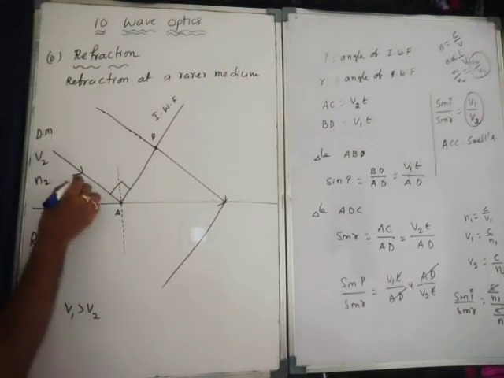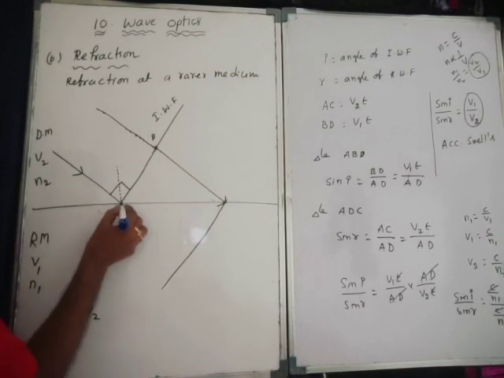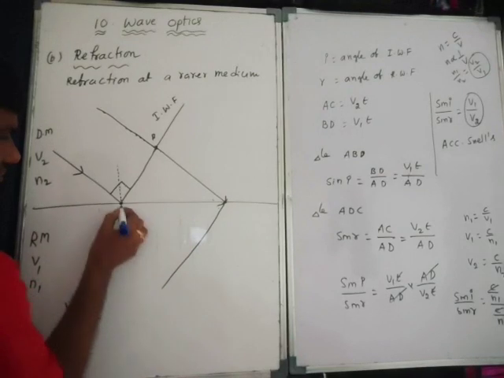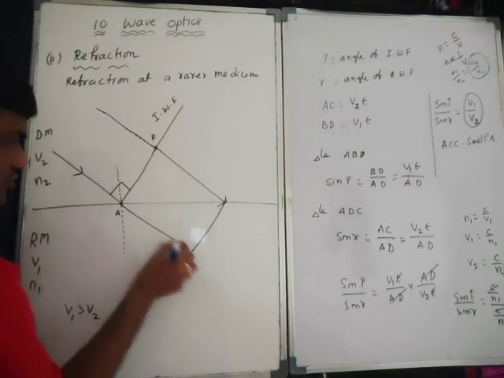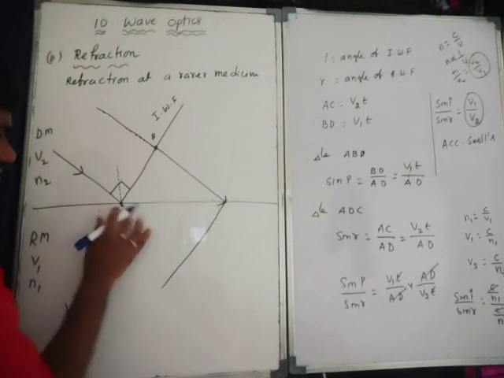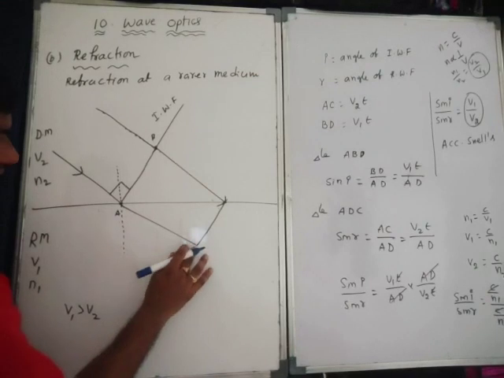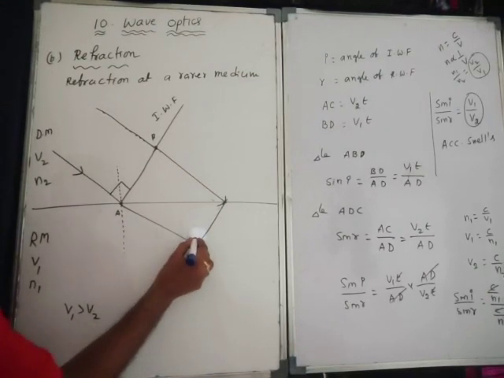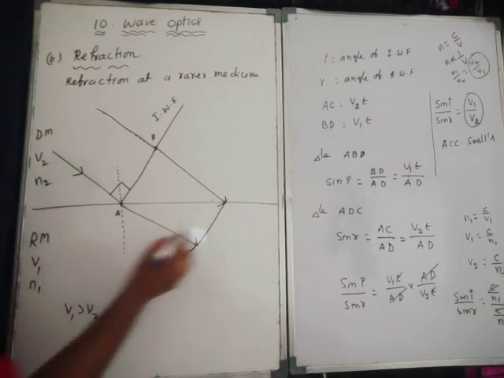Okay. So when the light ray travels from rarer to denser medium, it moves away from the normal. Correct? So this is towards, and this is away from the normal.